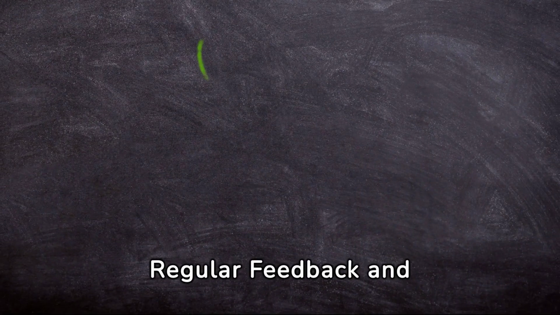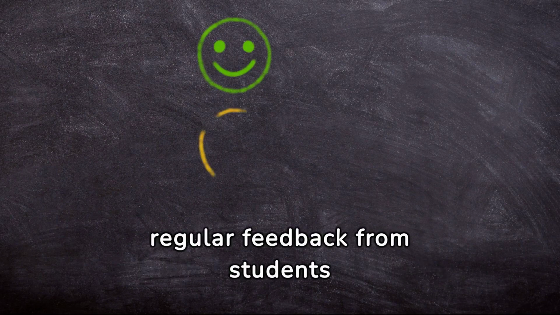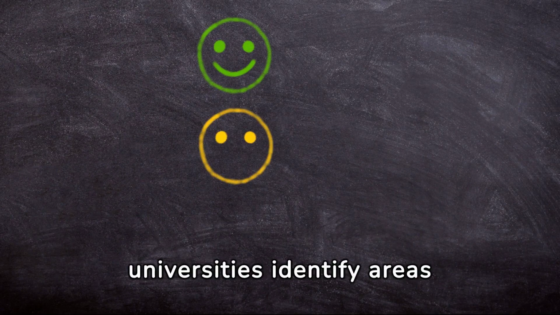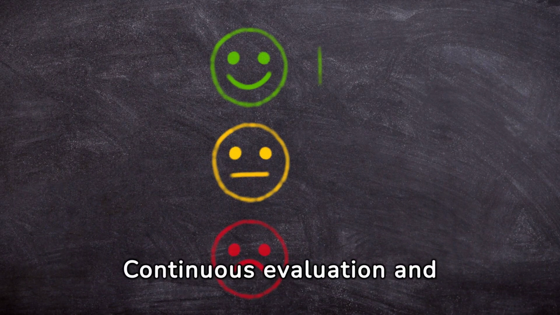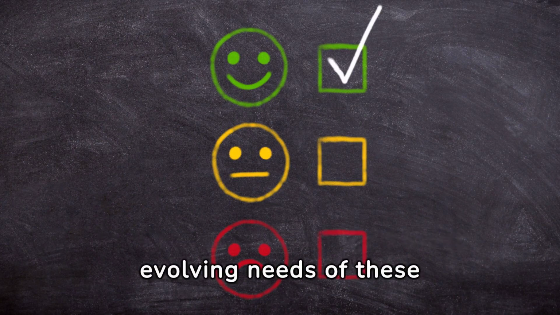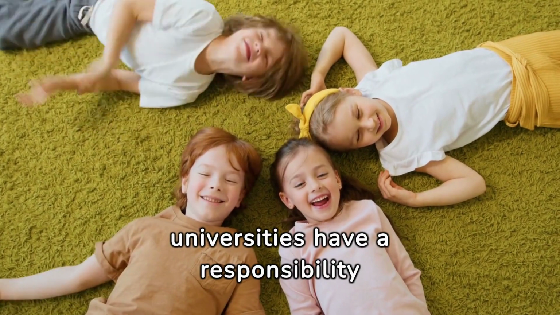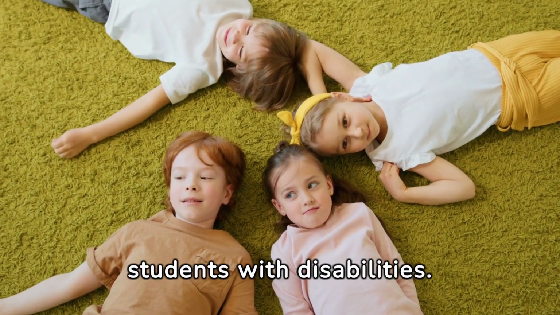Regular feedback and continuous improvement. Establishing mechanisms for regular feedback from students with disabilities can help universities identify areas for improvement. Continuous evaluation and adaptation of support services are necessary to meet the evolving needs of these students. In conclusion, universities have a responsibility to create an inclusive and supportive environment for students with disabilities.